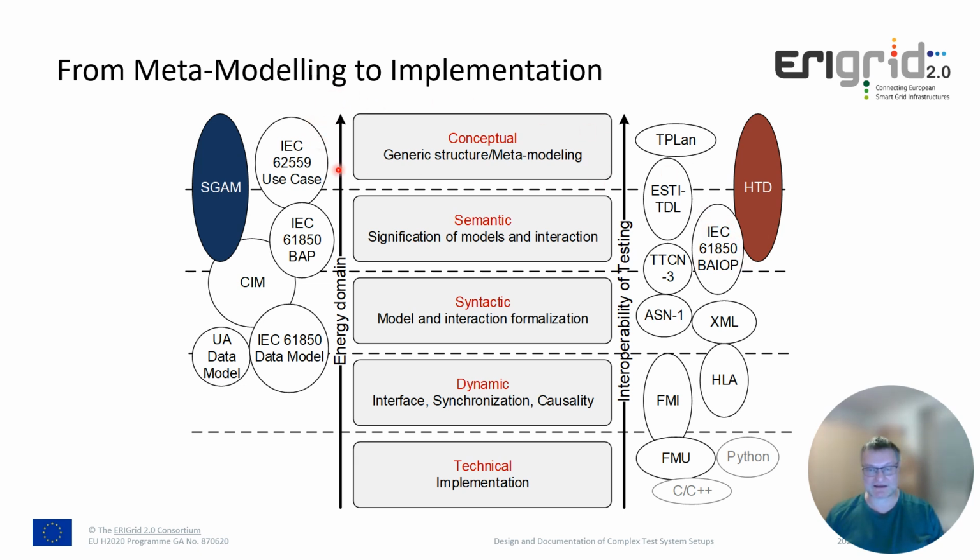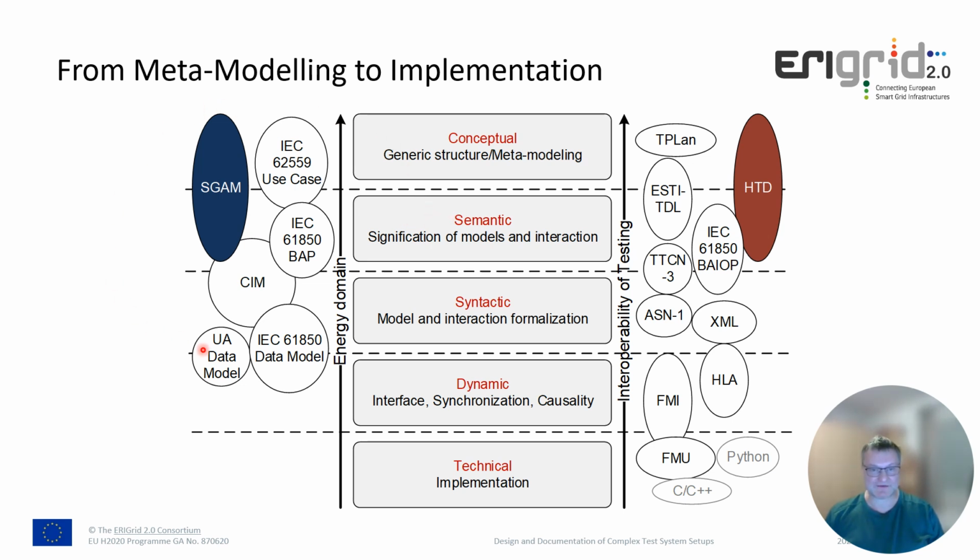On the conceptual side, typically we tackle generic structures and meta modeling, and the HDD that has been already introduced in the first part of this module can be located here on the conceptual and semantic part.